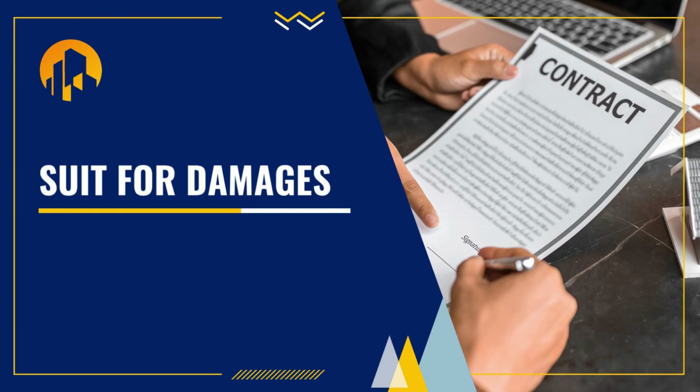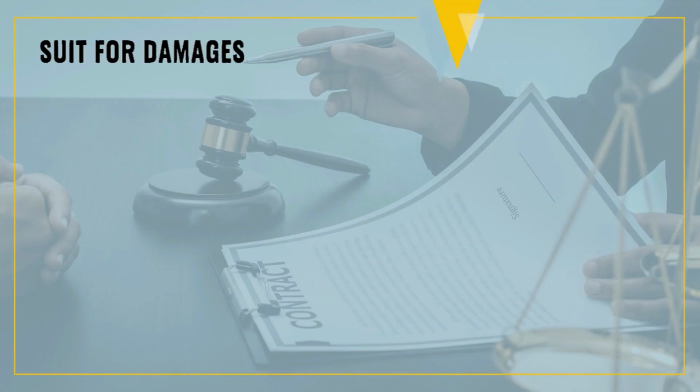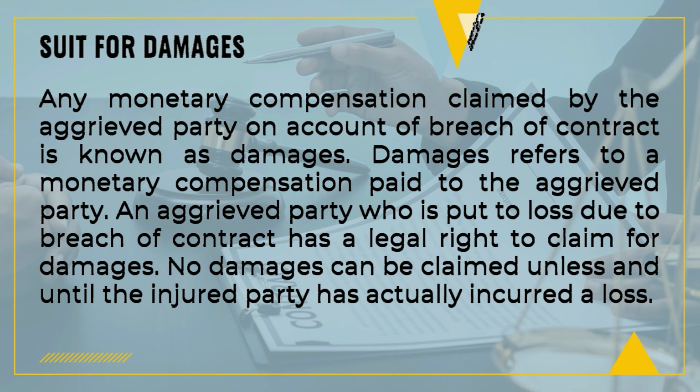Second one is suit for damages. Suit for damages means it is monetary compensation which is given to the aggrieved party on non-performance of contractual obligation by the other party.